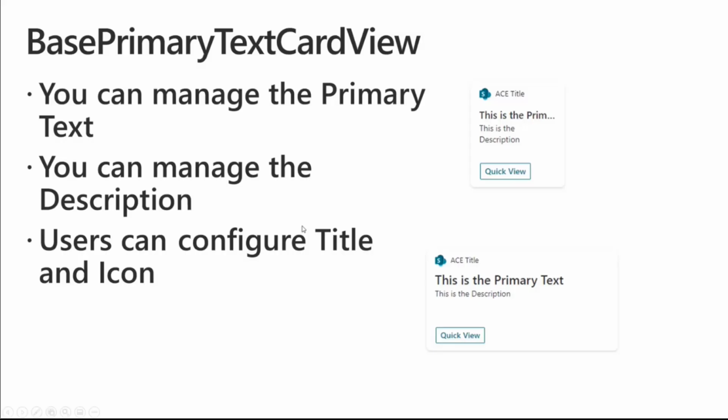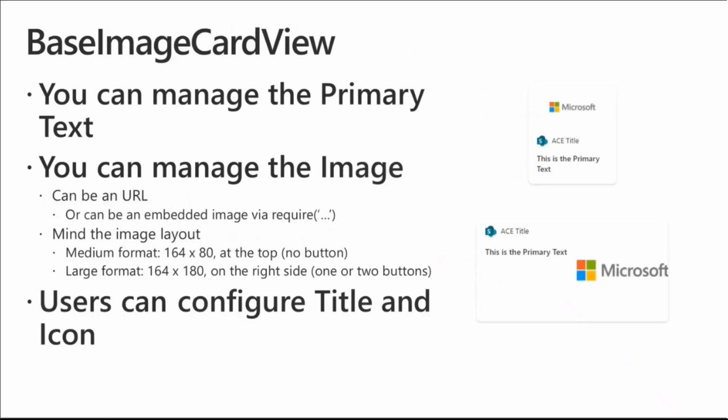The third and last option that we have is the one that allows us to render an image card view, which is the card view inheriting from BaseImageCardView. And here we can manage the primary text as well as the image. And this is, from some degrees of perspective, in my opinion, one of the most interesting card view options, because we have quite some things to keep into account.